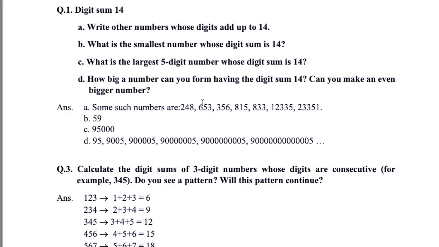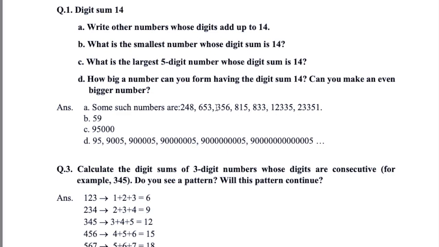The second number you can have is 653, 6 plus 5, 11, 11 plus 3, 14. 356, sum of the digits 3 plus 5, 8, 8 plus 6, 14. This is also giving 14. If you take 815, 8 plus 1 plus 5, that is also 14.